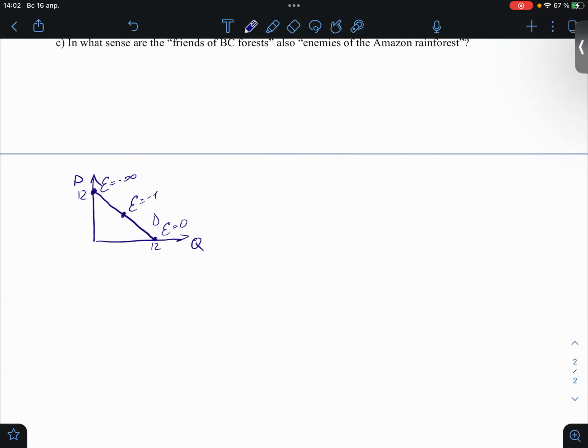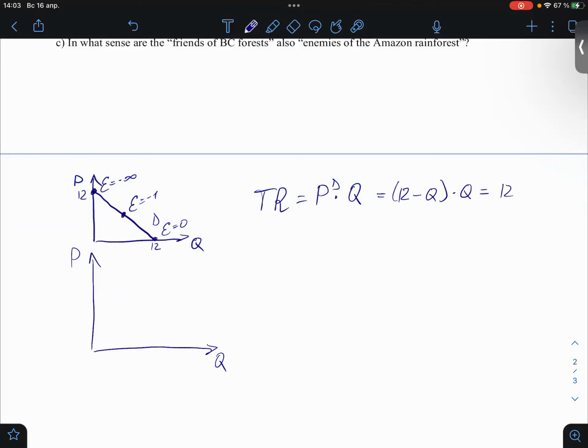And draw the next graph, total revenue. How to draw? Total revenue is the inverse demand function multiplied by quantity. So this will be 12 minus quantity multiplied by quantity, or it is 12q minus q squared.